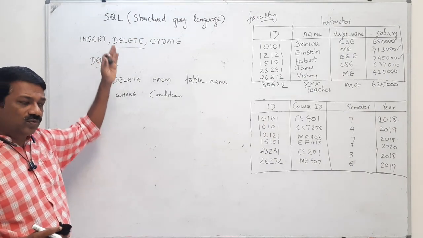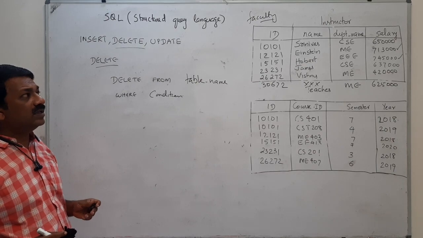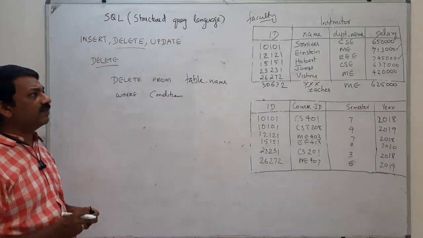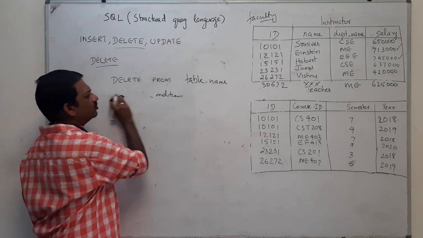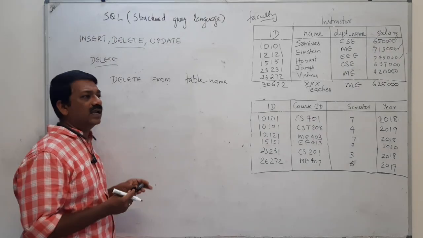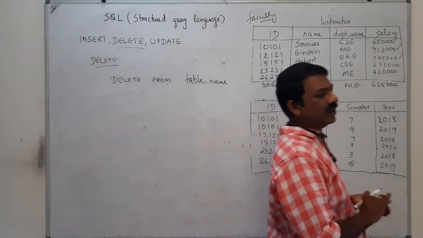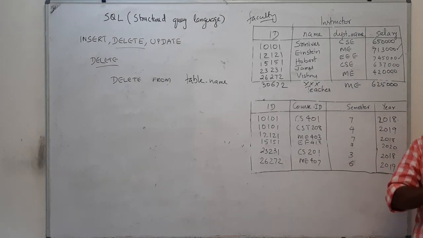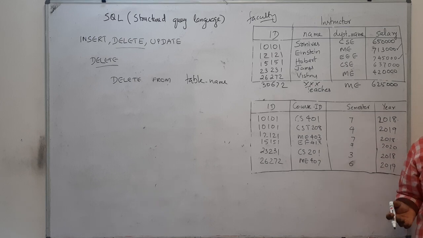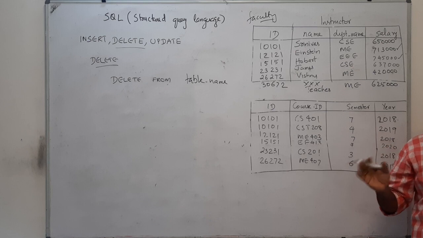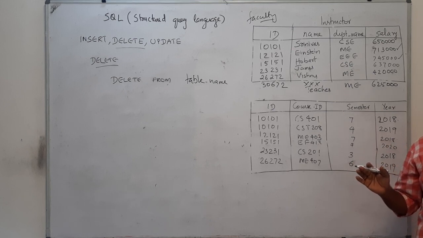If you want to empty the contents of a particular table, that means if you want to delete all the contents of a particular table, you have to use delete from table name. Deletion and dropping are different. Dropping a table means you are going to destroy that table, and once you have completed the drop statement, that means drop table name, that table will not be there in the database.